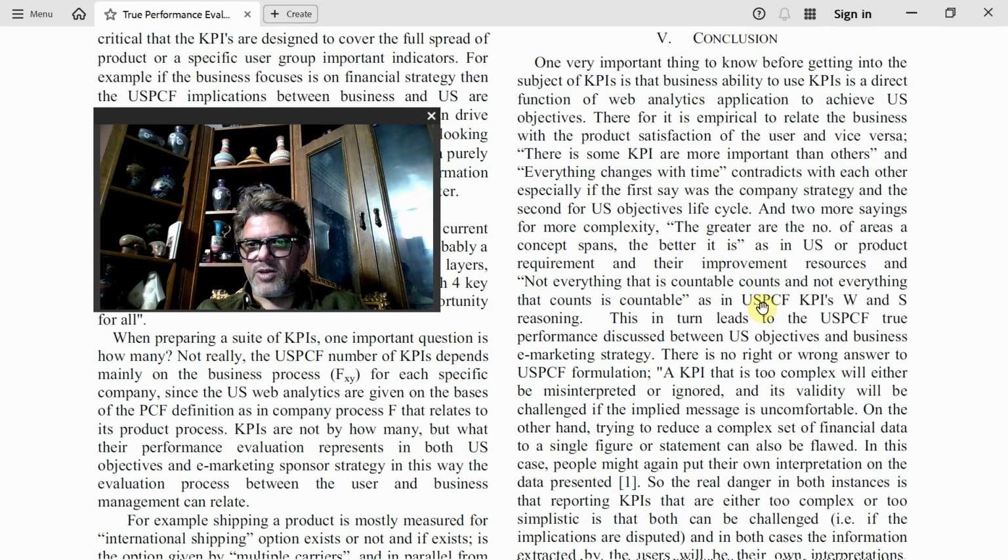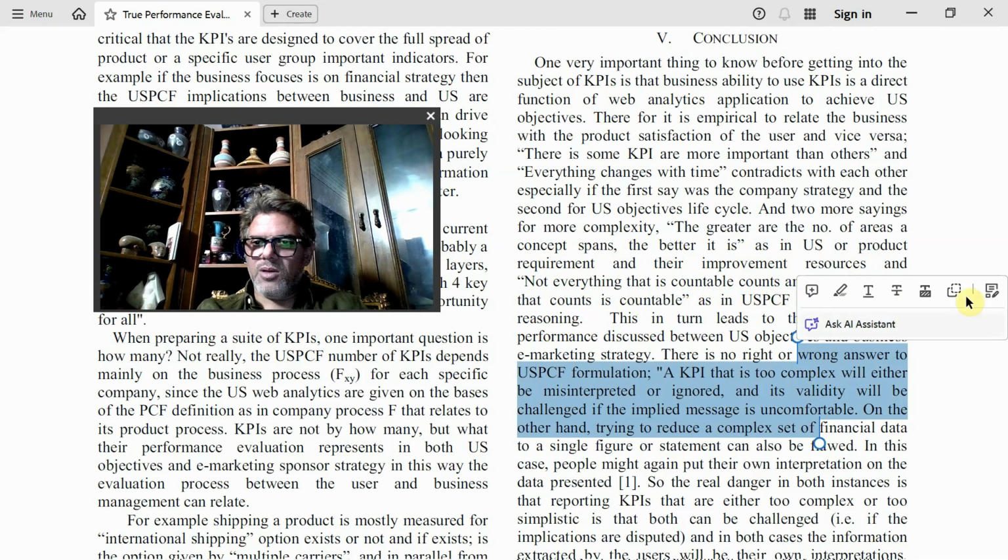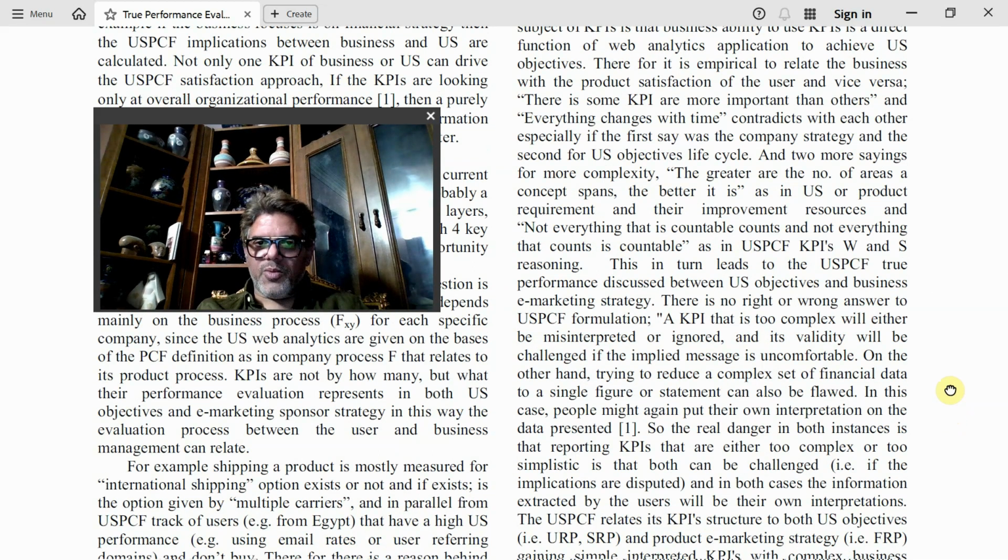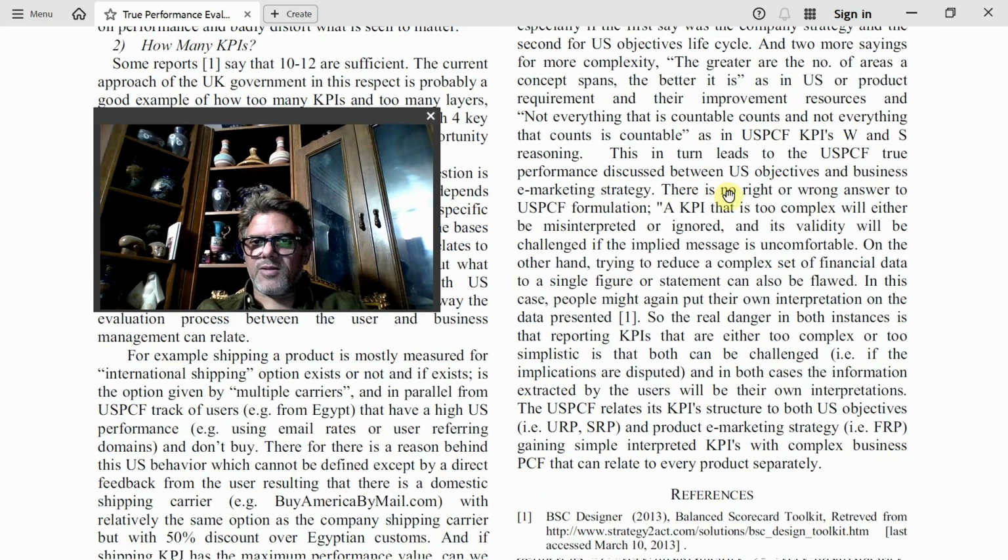As a user satisfaction process classification framework, key performance indicators weight and score reasoning. This in turn leads to user satisfaction through performance discussed between user satisfaction objectives and business e-marketing strategy. I don't think there is something I didn't talk about.